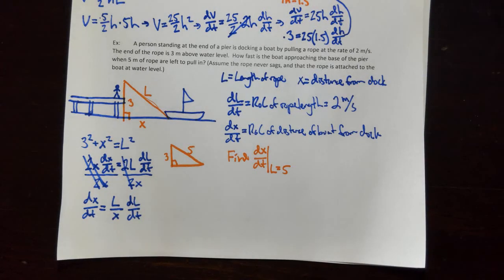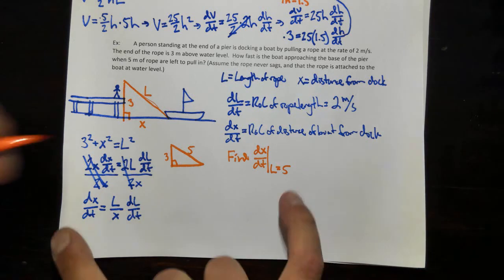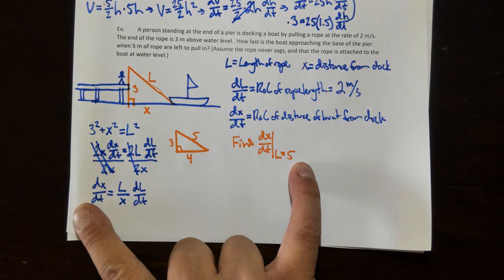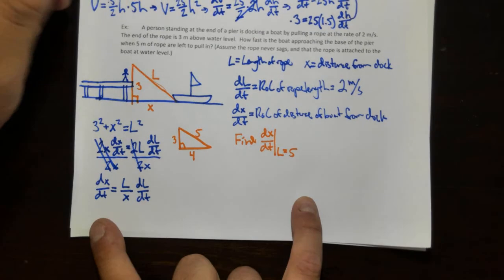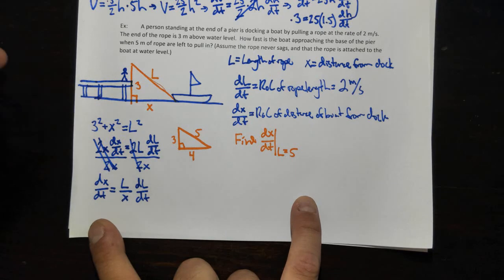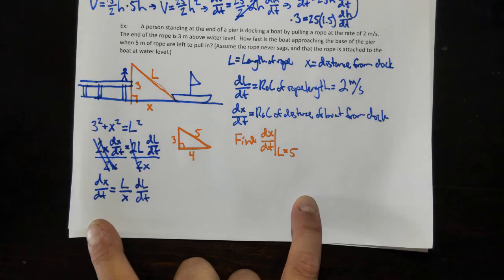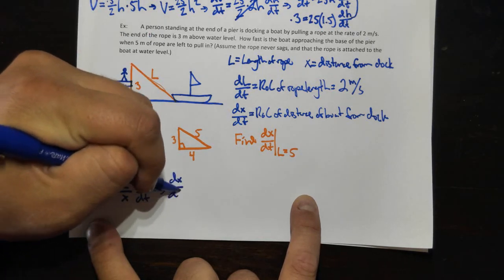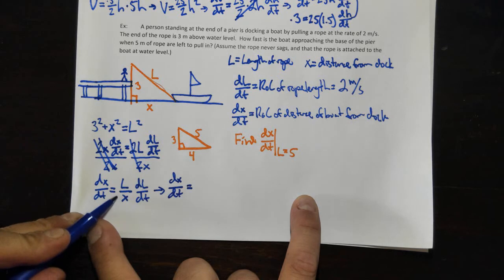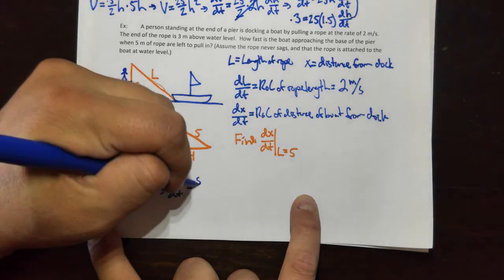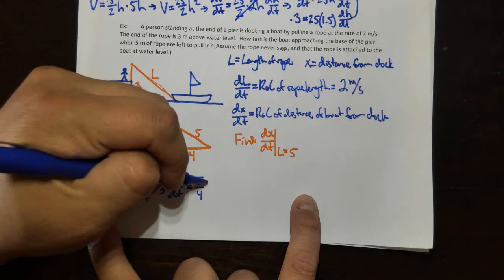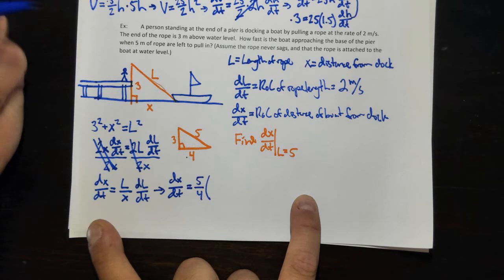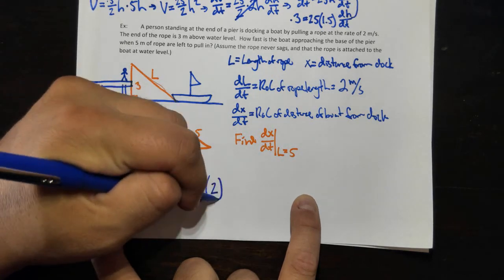And, well, there you have it. If you're good with Pythagorean triples, we know that this is a 4. Right? 3, 4, 5 triangle. Or you could just solve for it using the Pythagorean theorem. So x is 4. So our dx/dt is equal to L over x, where L is 5 and x is 4, times dL/dt, and that's given as 2.